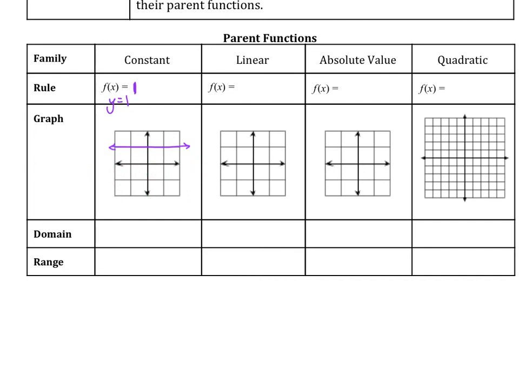And so our domain in this case is all real numbers. You could also say, in interval notation, negative infinity to infinity. The range in this case, we only get y equals 1. So y equals 1.